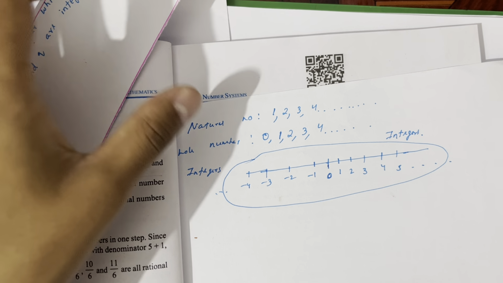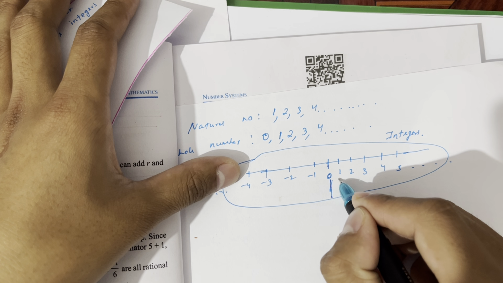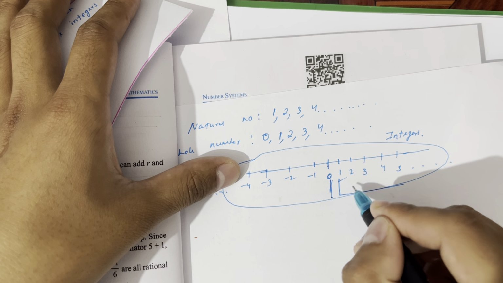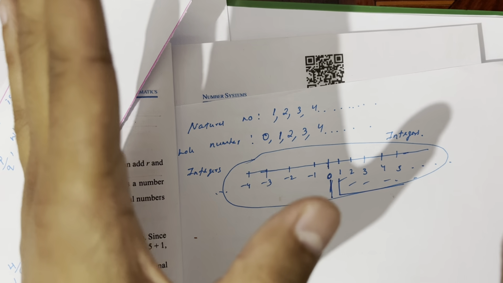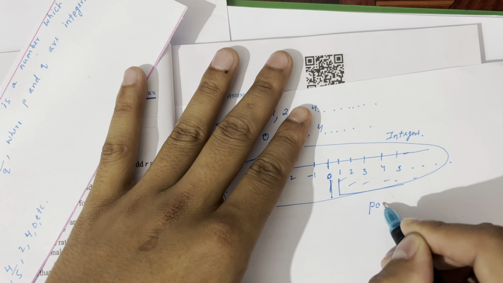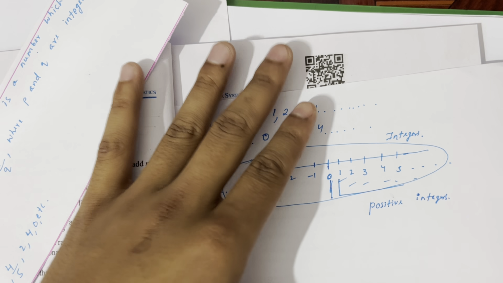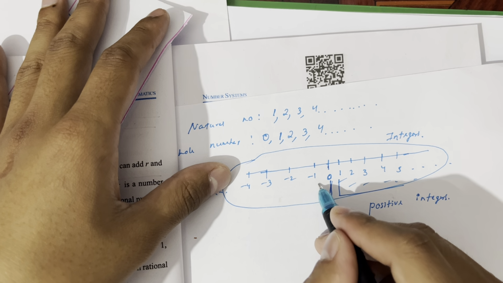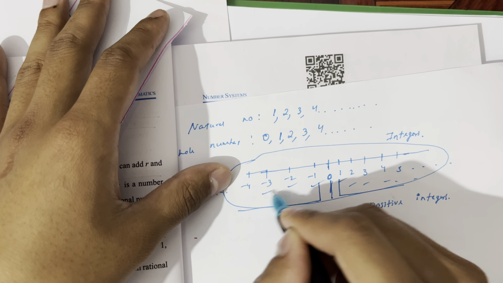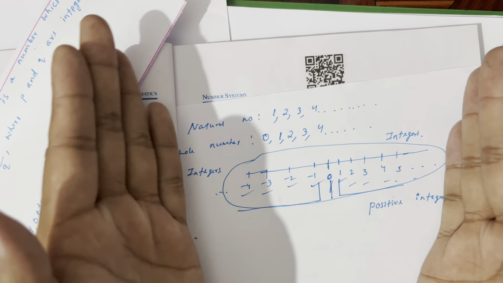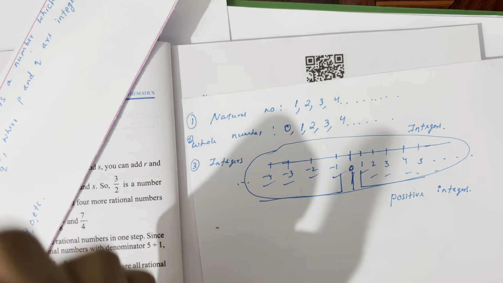Counting from 1, 2, 3, 4, 5 and so on, they are called positive integers. From the left hand side, minus 1, minus 2, minus 3, minus 4, they are called negative integers.